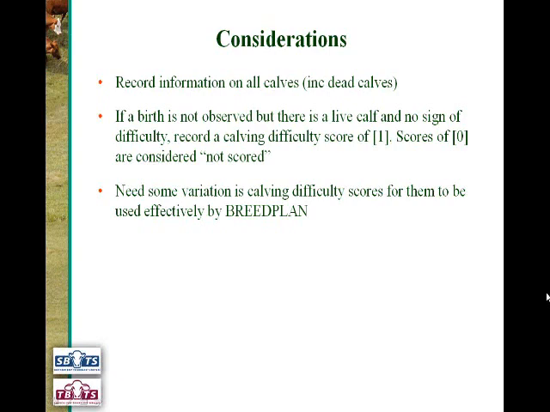So if there is some variation in your calving difficulty scores, then it's very important to record that so we make sure we get the most out of the calving difficulty information which is coming into the analysis.